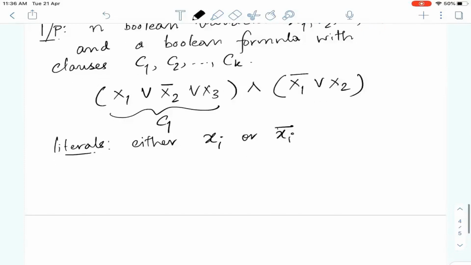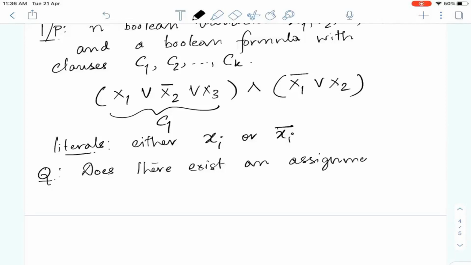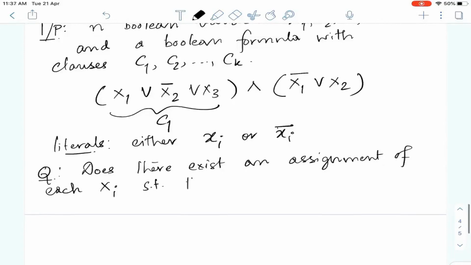And now what is the question? The question is, does there exist an assignment of each xi such that the formula evaluates to 1?